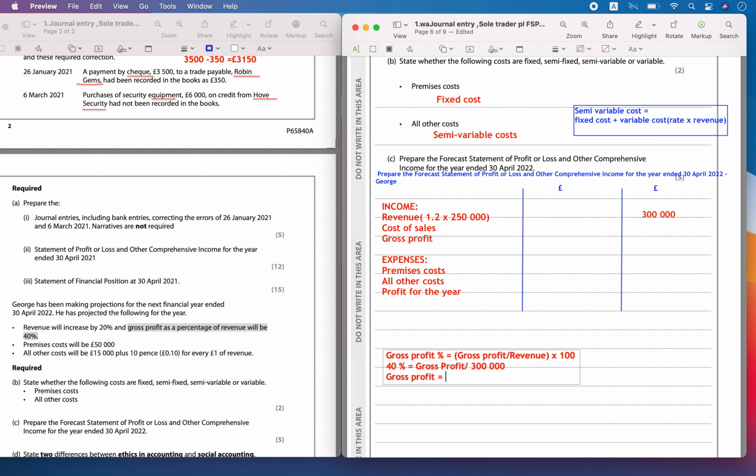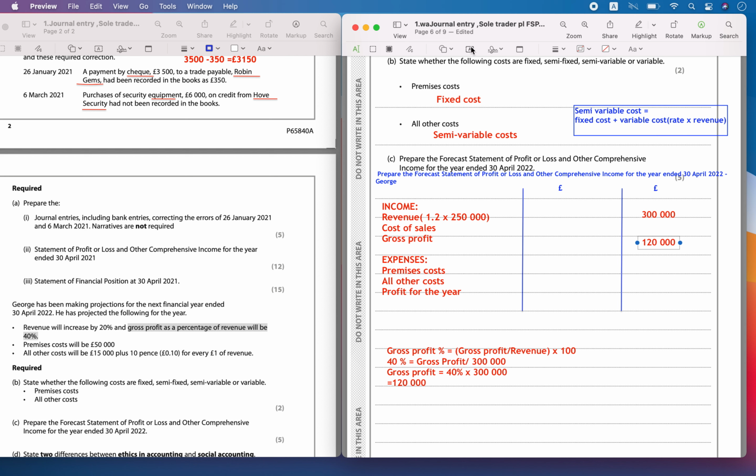Gross profit is equal to 40% of 300,000. If you are including 40, you don't have to include 100 here; otherwise you write 40 and put the 100 below. So 40% of 300,000 is equal to 120,000. The gross profit has become 120,000.